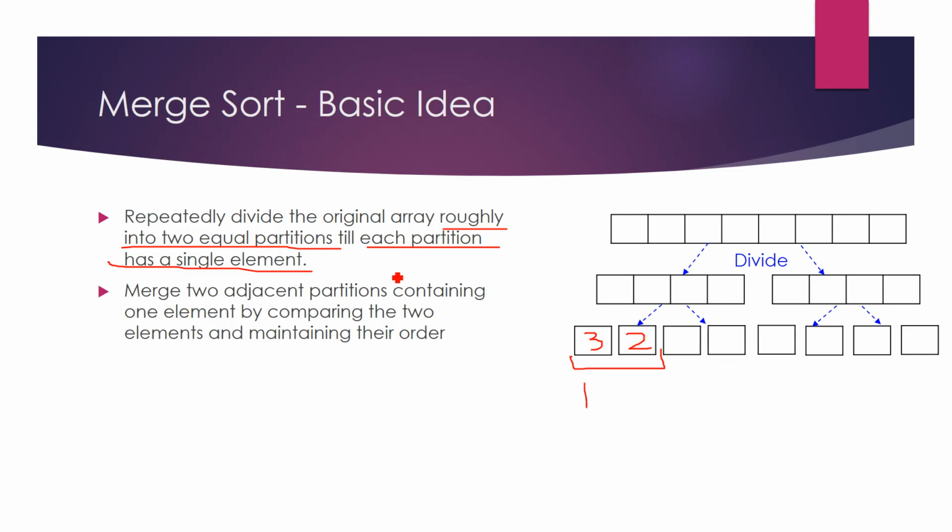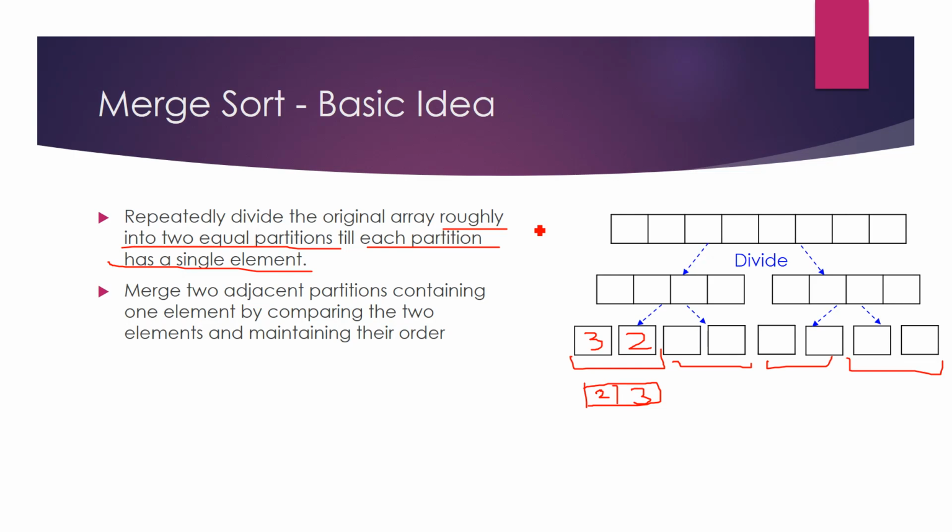During merging we make sure that the numbers are in order. We'll compare them, and then change this to 2 and 3 so as to order the elements. Similarly, we keep doing this with the other adjacent partitions, and then we get partitions of size 2.